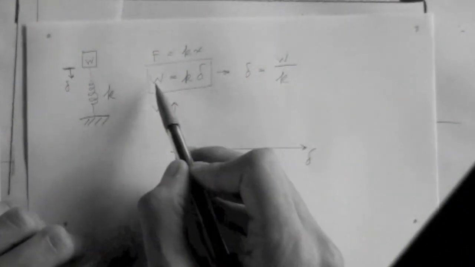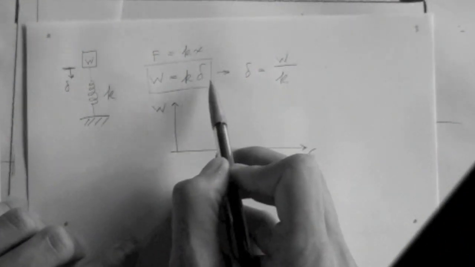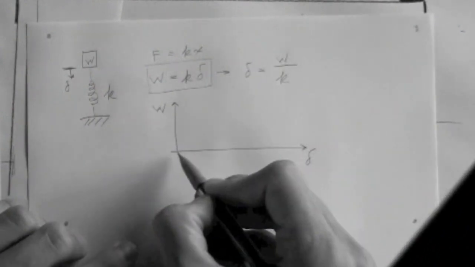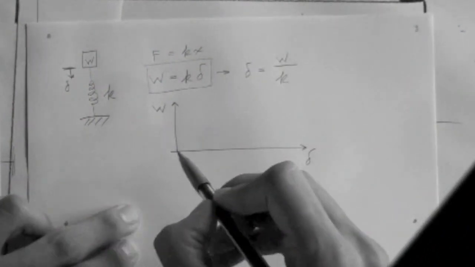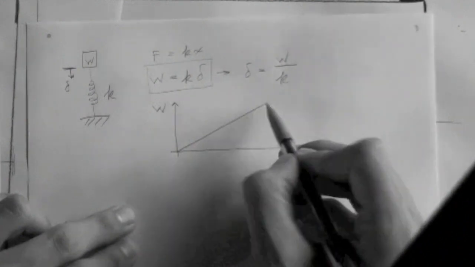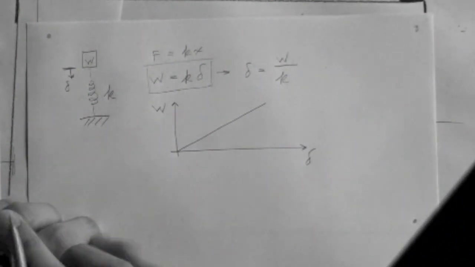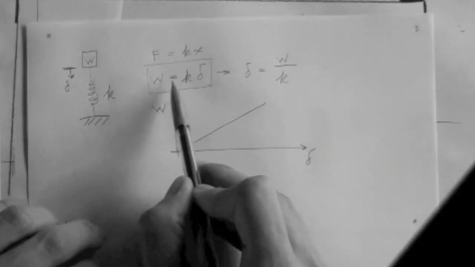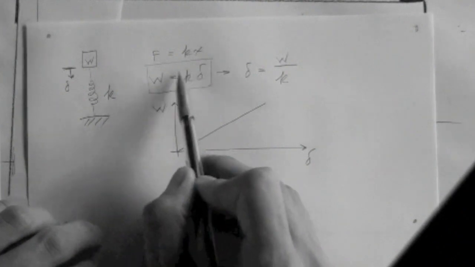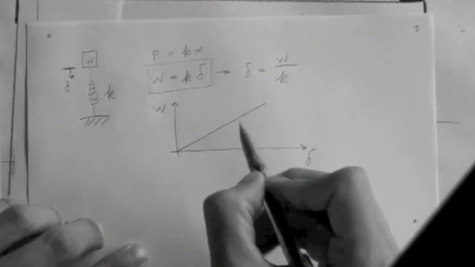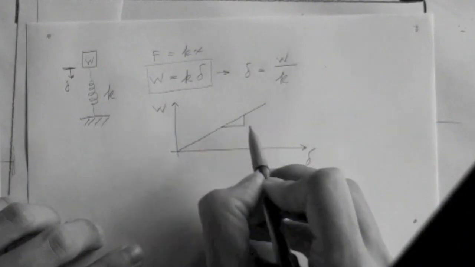This is a line, y is equal to mx plus b, but b is the intercept, which is 0. So this line begins here, like this. What is the slope? Well, y is equal to mx, so m is the slope. In this case, the slope is k.